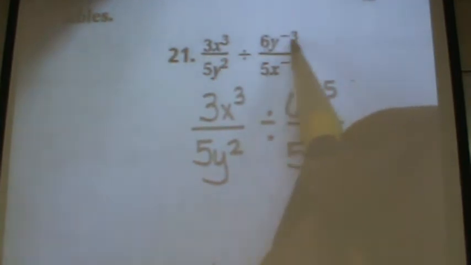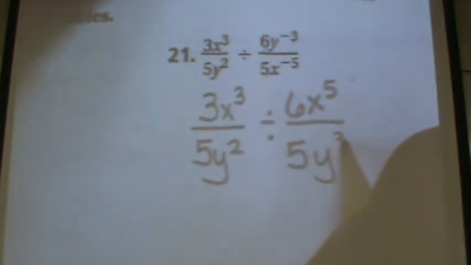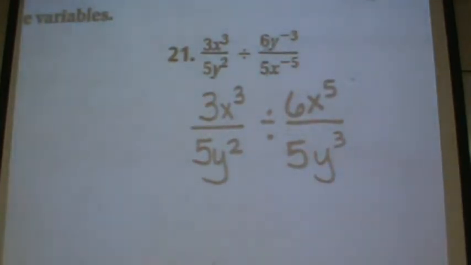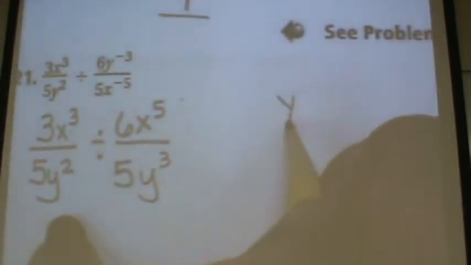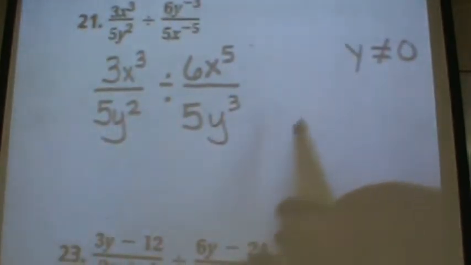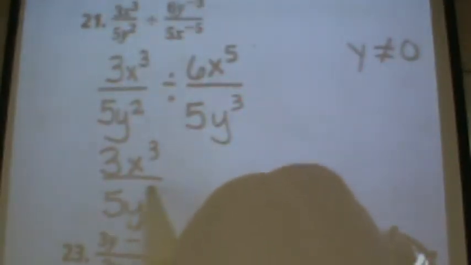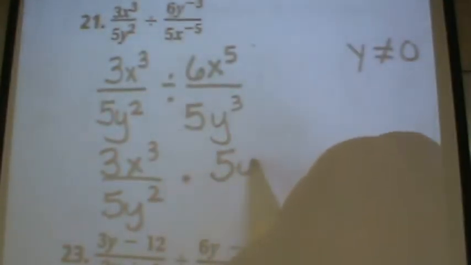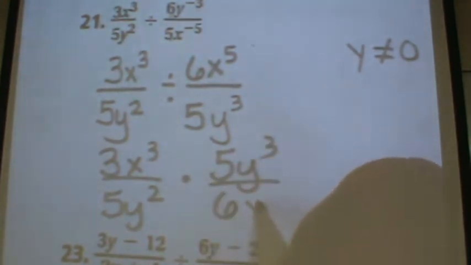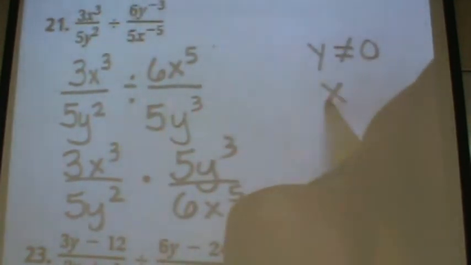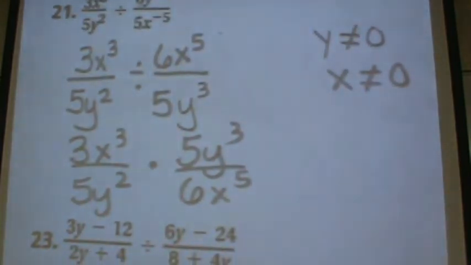The x to the negative 5th comes up here, y to the negative 3 becomes a positive 3 there. Now, I know right now that y can't be 0. Now I'm going to flip my second one. X can't be 0.